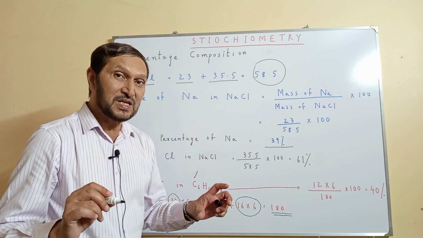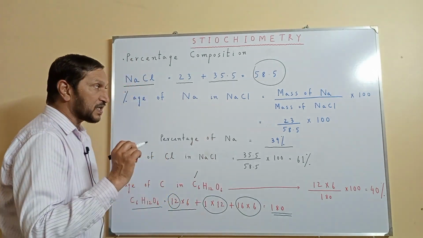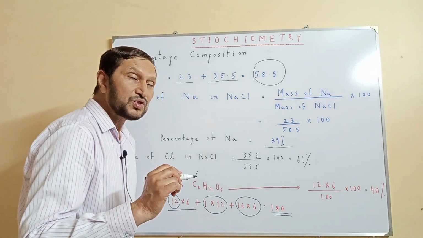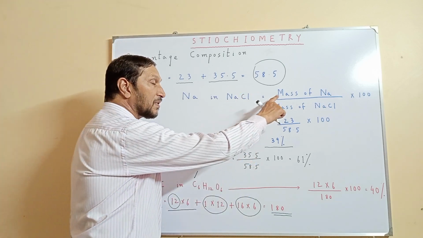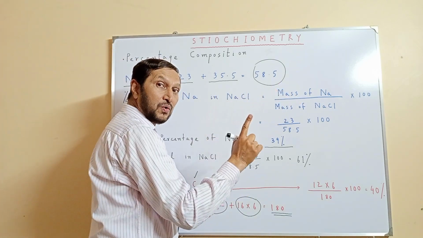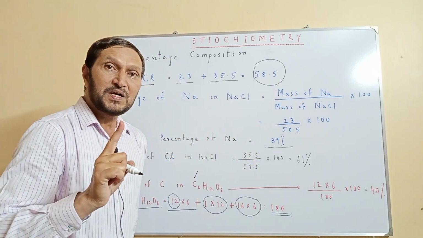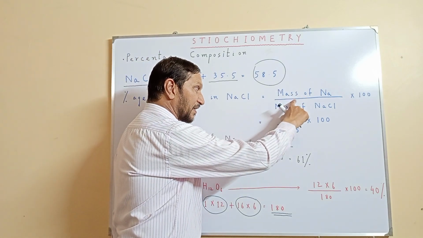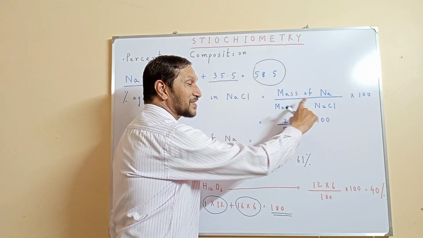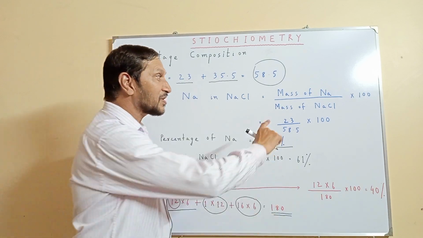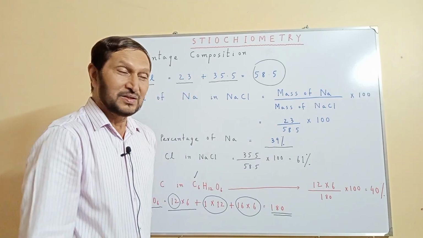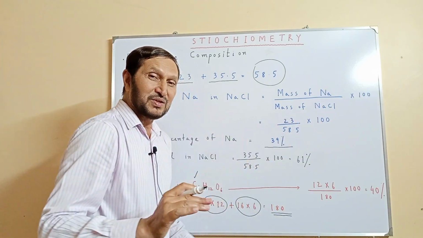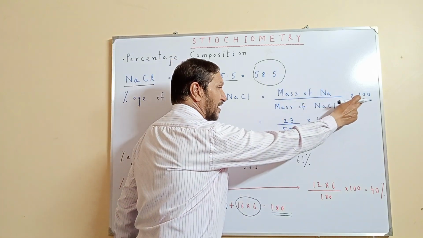So I will repeat overall, what is the formula of percentage composition? Write down the mass of that element in the compound, the share of the element in that compound, above, divided by the total mass of the formula, the total molecular mass, whatever you call it, multiplied by 100.